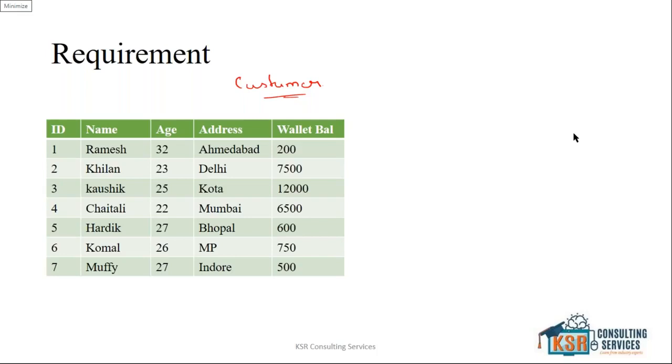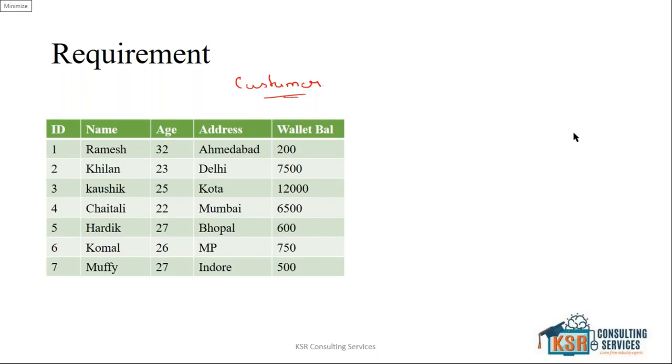Now you tell me, I need only name and address, and age should be greater than 30. Who can tell me the query? Select name comma address from customer table where age greater than 30. Yes, exactly correct. This is the code to answer the question.